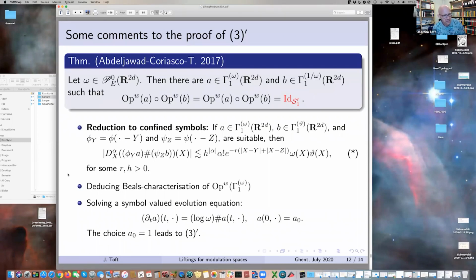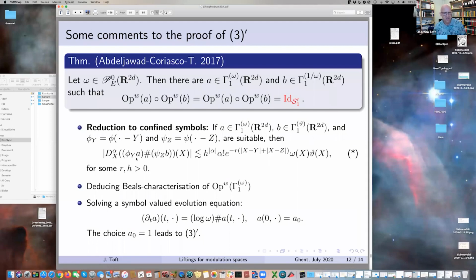When you discuss continuity and composition properties, I would say that this kind of estimate contains more information than when you have integrated up everything and you just have all the symbols.